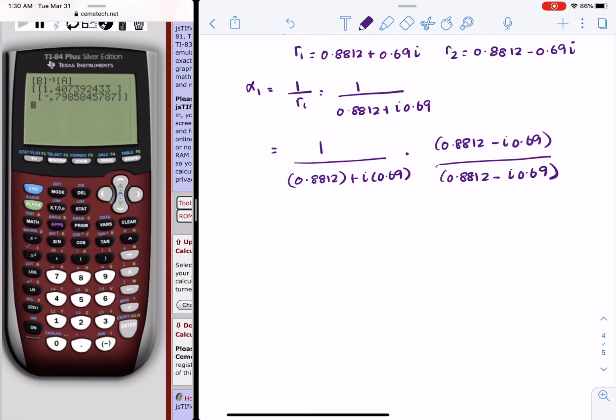Which would end up giving us 0.8812 minus i times 0.69 divided by 0.8812 squared plus 0.69 squared.